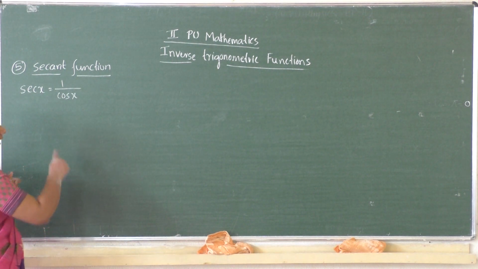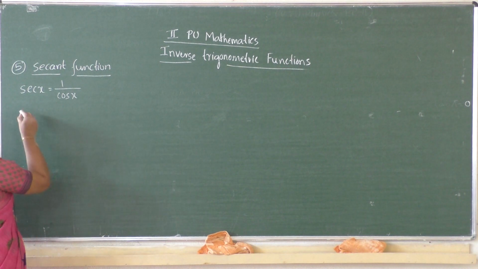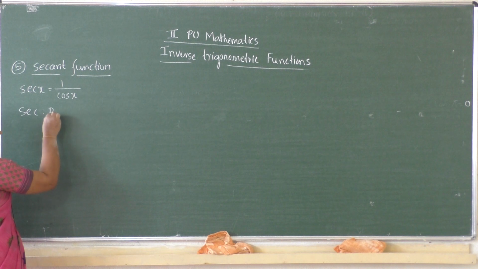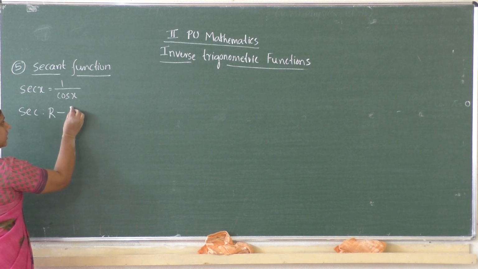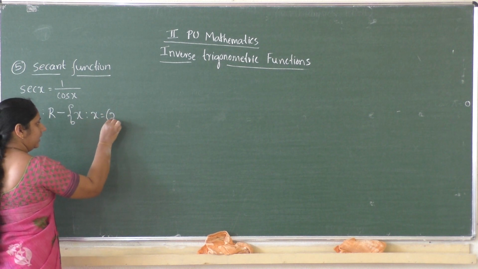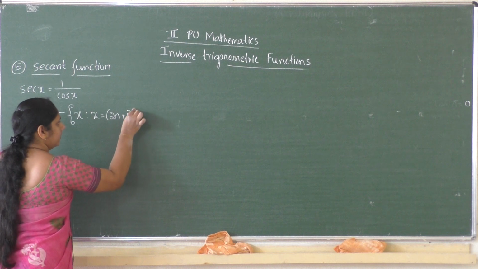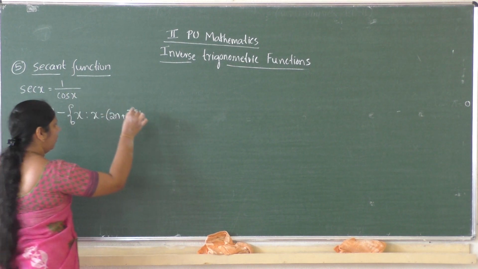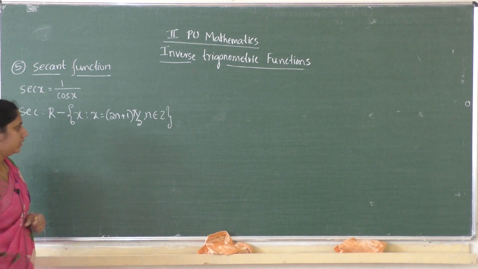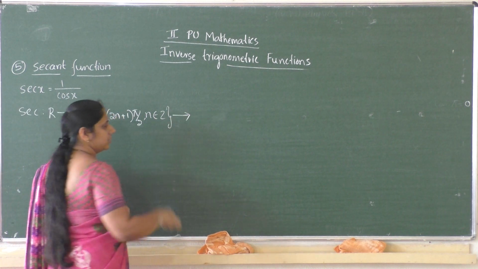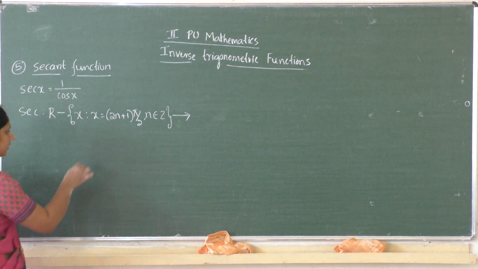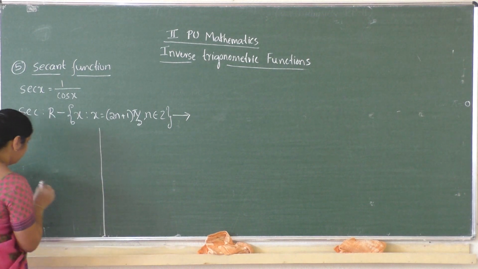So we have to exclude those values, that is sec is a function whose domain is set of all real numbers minus set of all x such that x is odd multiple of pi by 2 where n belongs to Z. What about range? See, we will write the range after completion of the graph. It will be more clear to you.